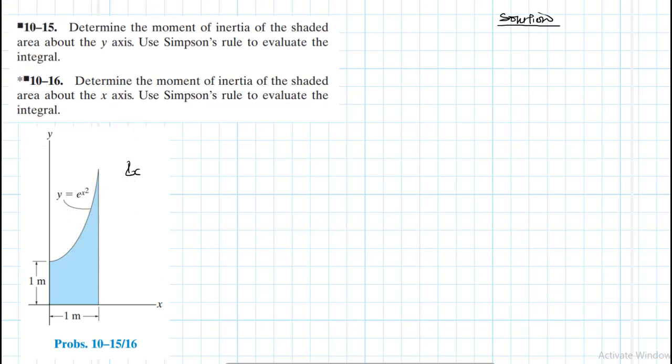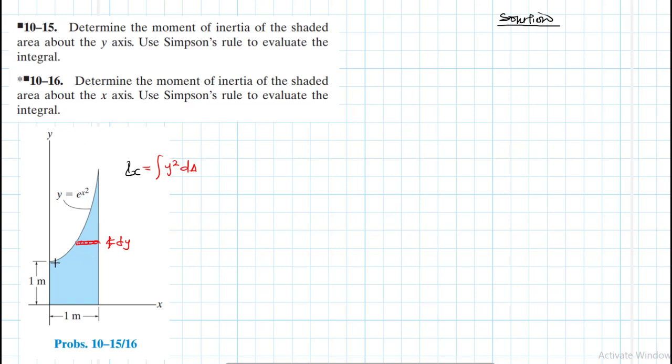Why? Because if we were to take a strip that is parallel to the x-axis, and we want to find moment of inertia about the x-axis, Ix, which is the integral of y squared dA, we are going to be integrating along the y-axis.